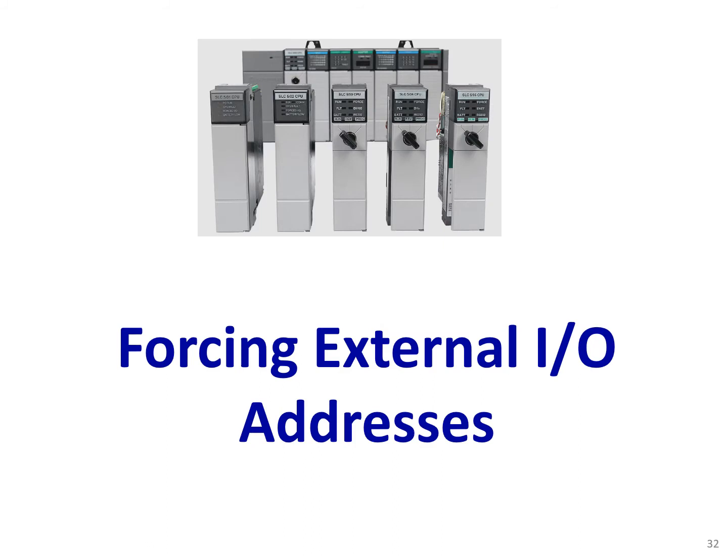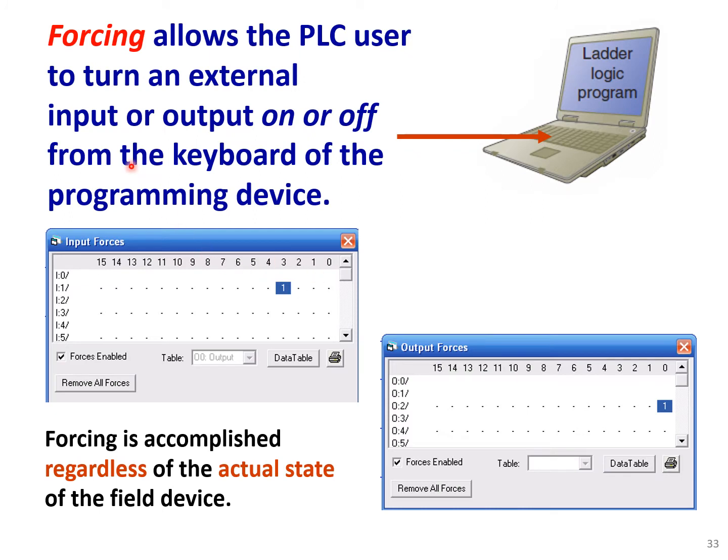Forcing external IO addresses. Forcing allows the PLC user to turn an external input or output on or off from the keyboard of the programming device. So from the computer, we can override the real value of the input and output.